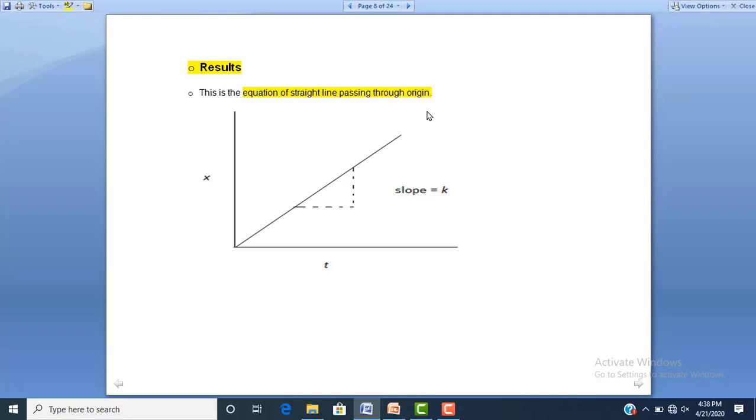Equation of a straight line means the line passes through the origin. If we plot a graph between concentration of product X and time, we take time on the x-axis and concentration of product X on the y-axis. Then we get the slope of this straight line by dividing the value of x by the value of time, dx over dt. Then this slope will be equal to the rate constant k.